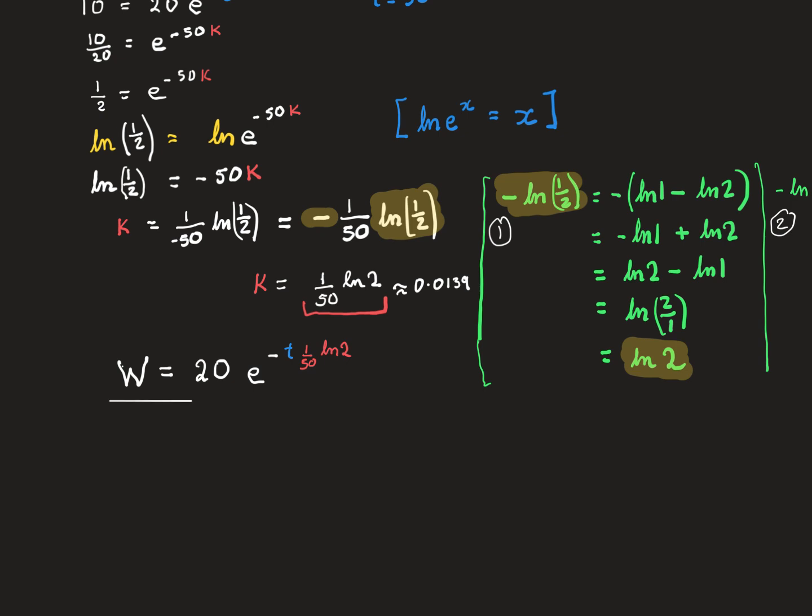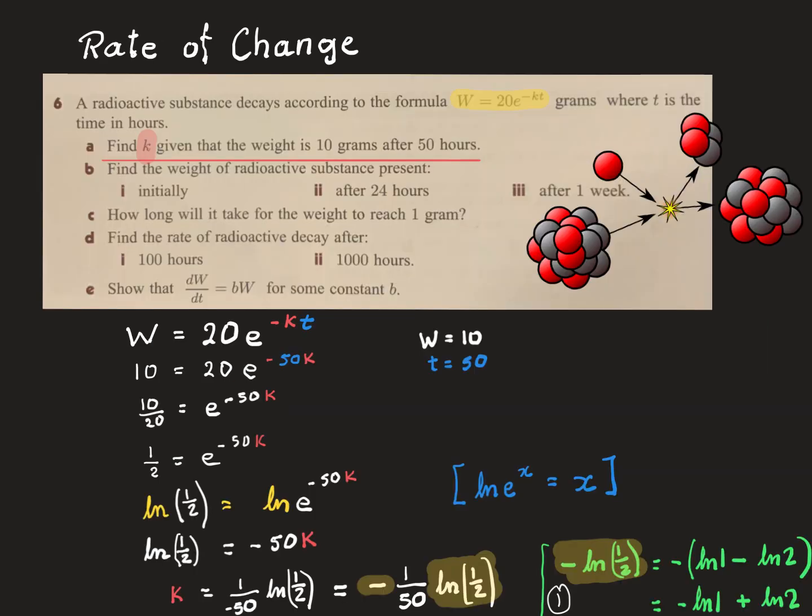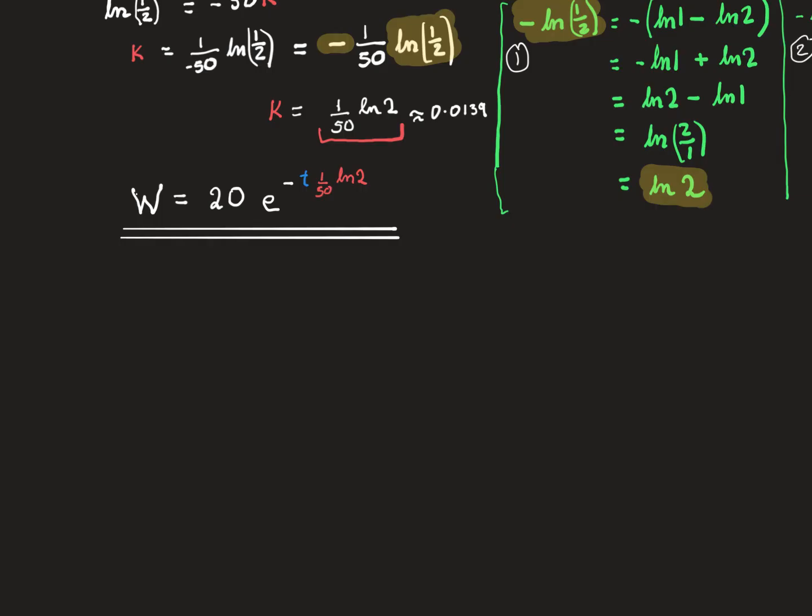So we now have this equation here. We can continue working through the next part of the question: to find the weight of the radioactive substance present initially, after 24 hours, and after 1 week. And so initially, when t is equal to 0, this will become e to the 0, which is 20 grams.